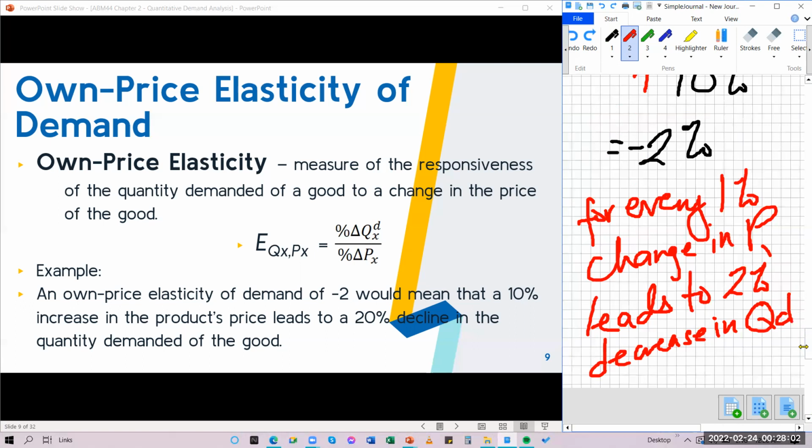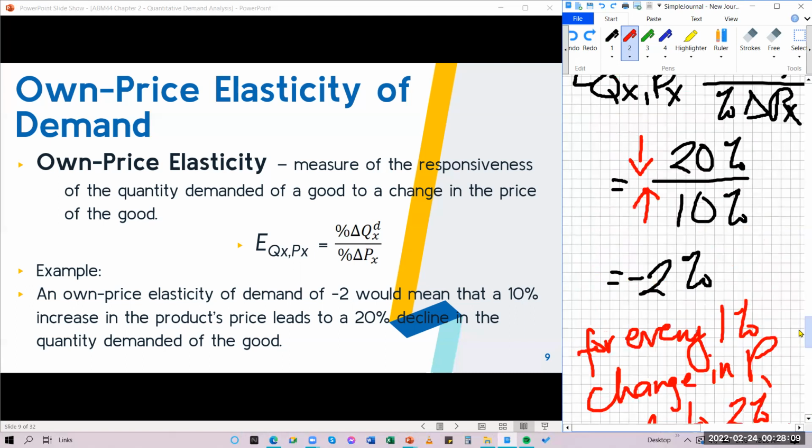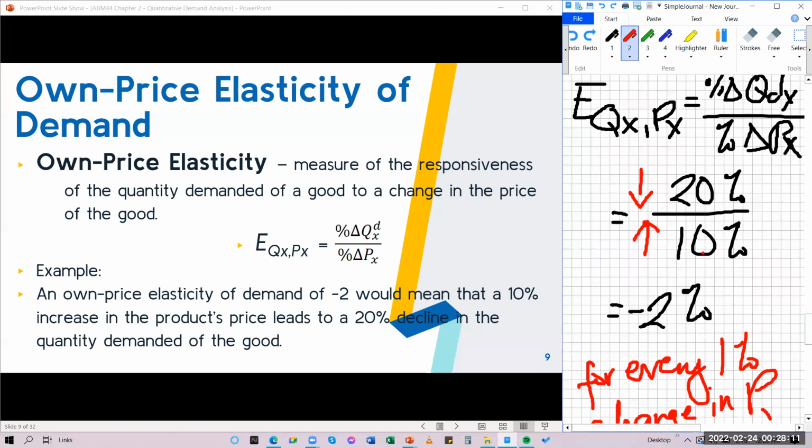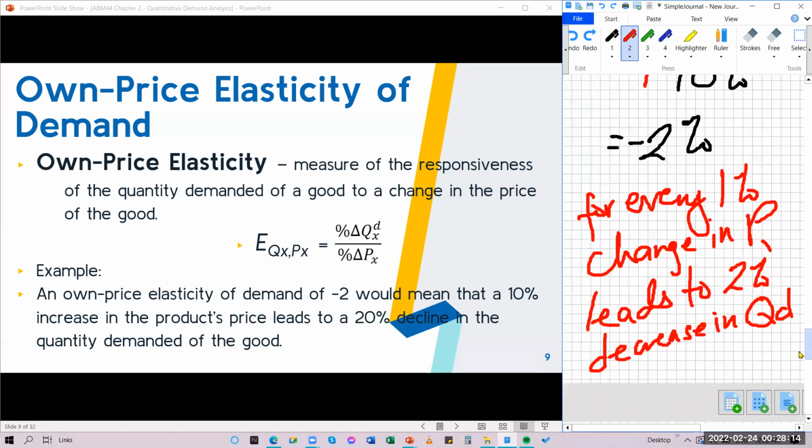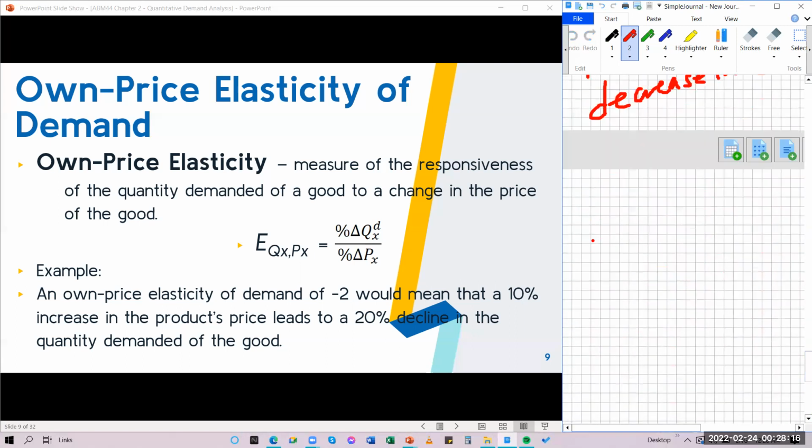So that is its interpretation. For every 1% change in the price leads to a 2% decrease in quantity demanded. So a 10% decline, okay, that interpretation is a bit higher.